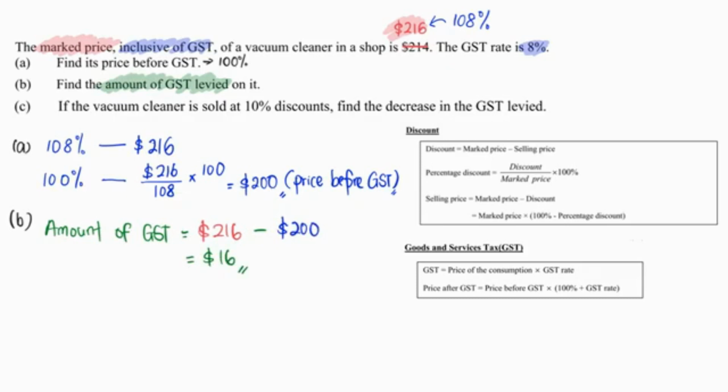And for part C, ooh, interesting. There is a 10% discount offered on the mark price. The discount is actually the mark price minus the selling price, and since there is a 10% discount, I would like to find the selling price first.